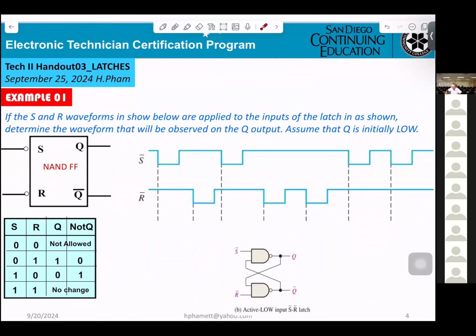Now we see on that one. You understand the S and R waveform, this is the waveform. This is logic 1, then 0, 1, 0, 1, 0, 1.